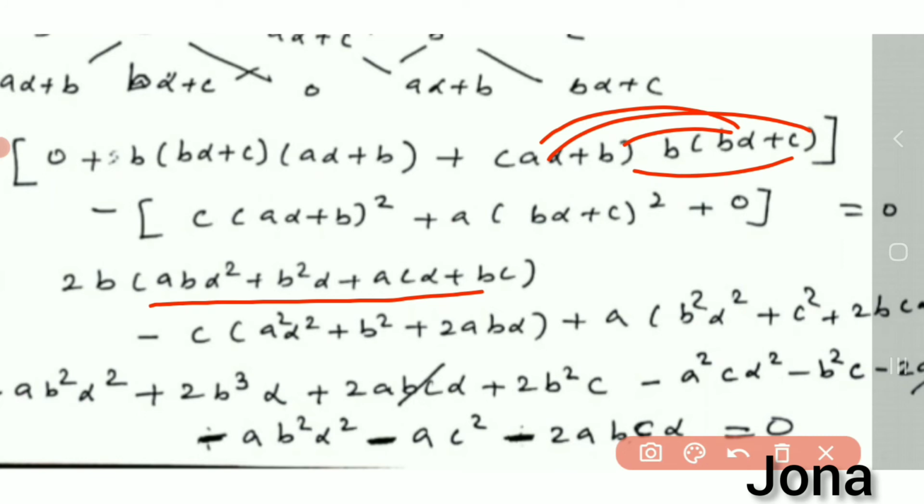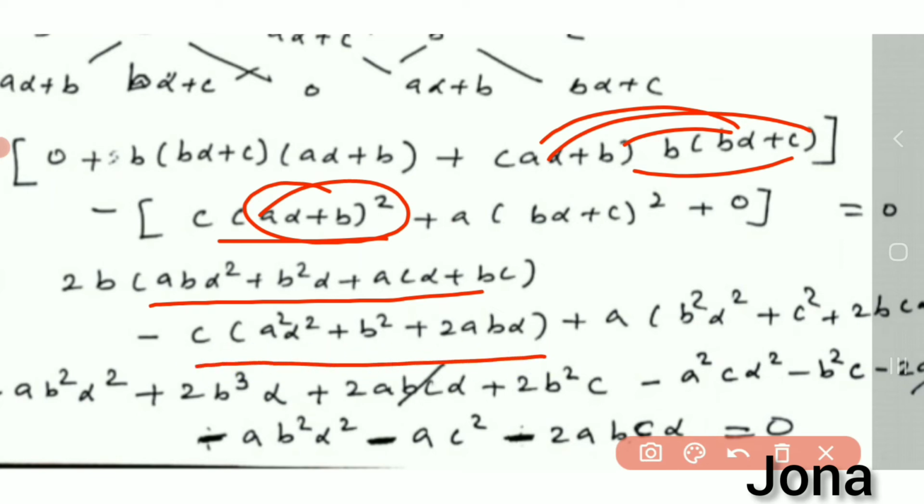And then again the next term we had is a plus b the whole square, isn't it? We apply the identity for a plus b the whole square. That means minus c into a square alpha square plus b square plus 2ab alpha. And even here also we apply the same formula, so a into b square plus alpha square plus c square plus 2bc alpha.